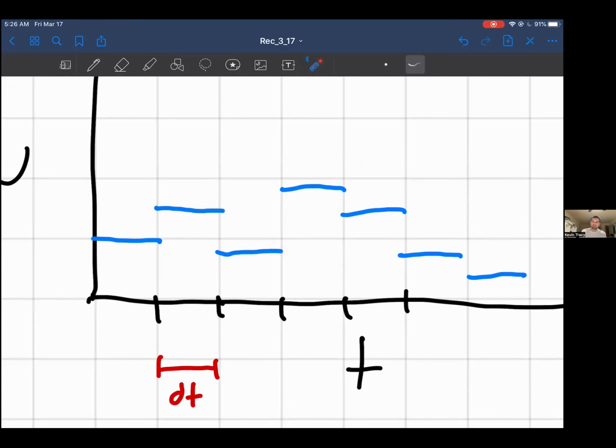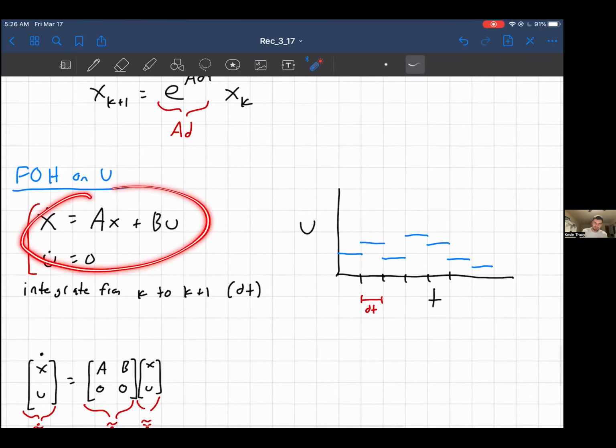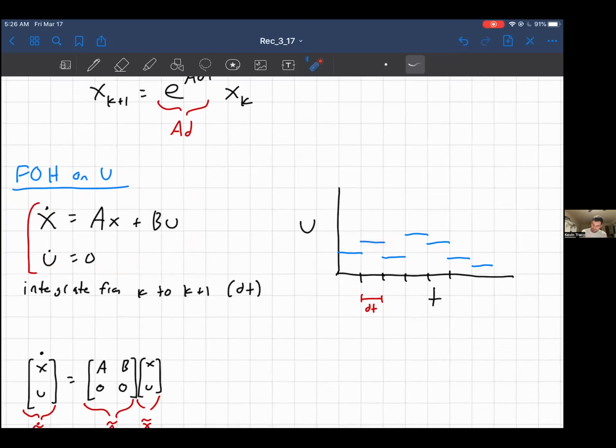And this is totally acceptable because this differential equation I wrote down is not just true between this time step and this time step; it is true everywhere. Whichever dt between time step k and k+1 I'm integrating over, u dot will always be 0. So this differential equation is totally fine.